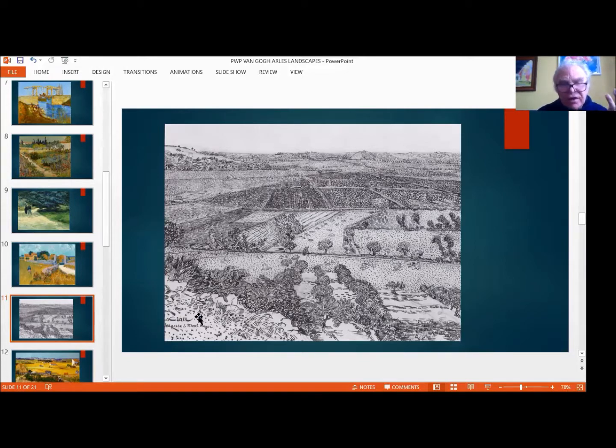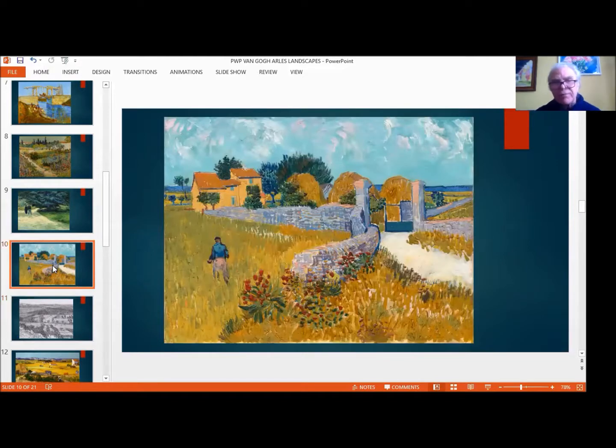And so La Croix actually starts to form a big subject in his work during this sort of late spring, early summer period. And here's one of the paintings that he makes of La Croix, and it's farmhouses, a field, a peasant working in the field.